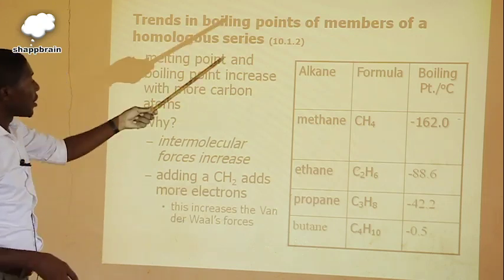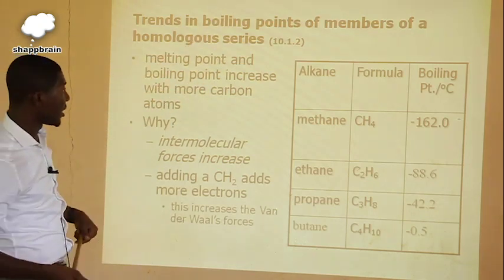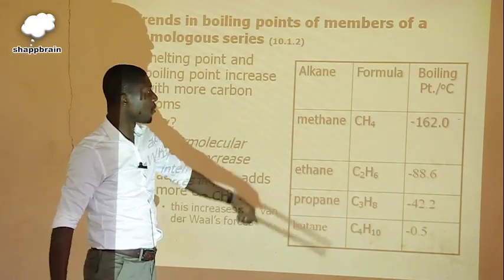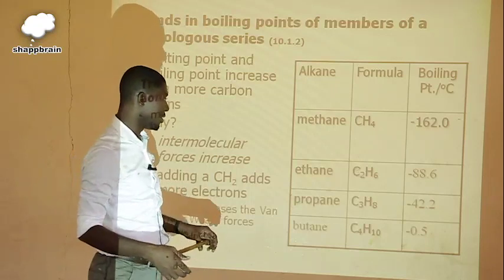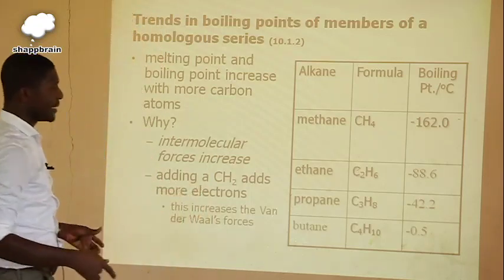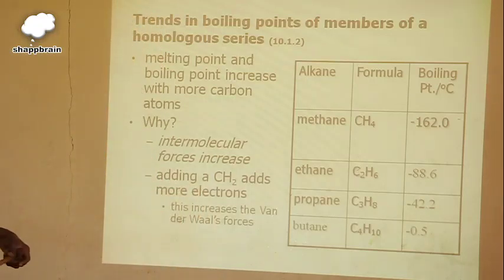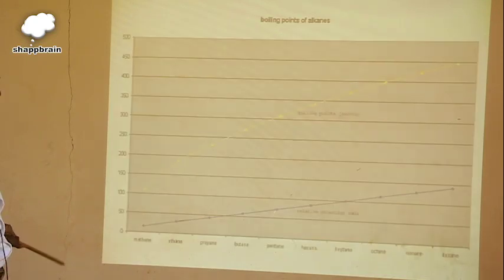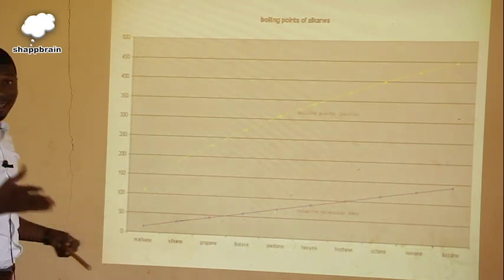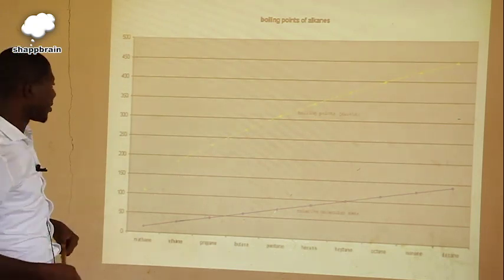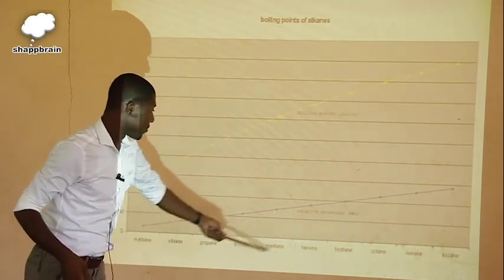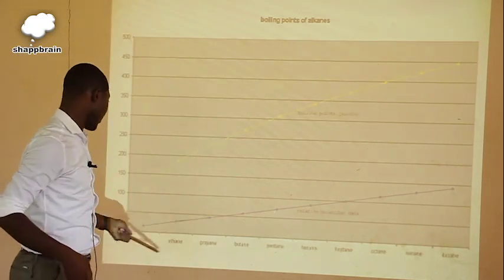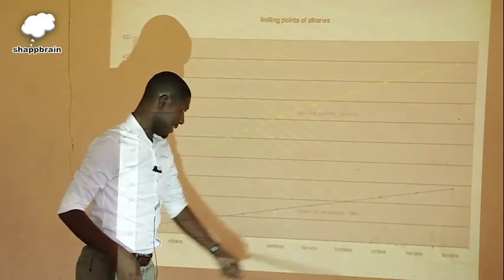Good, so we have the diagrammatic representation of that. And so we have methane, CH4, this is the boiling point, ethane, this is the boiling point. So as you move down the series, the boiling point in degrees Celsius will increase. And this is the graphical representation of that. You see that as you move down, these are the organic compounds indicated here from methane to decane.